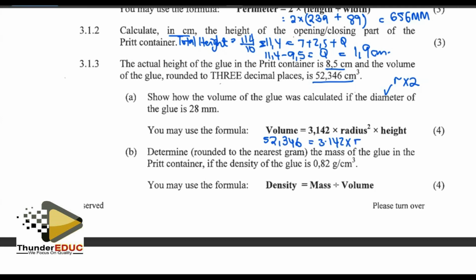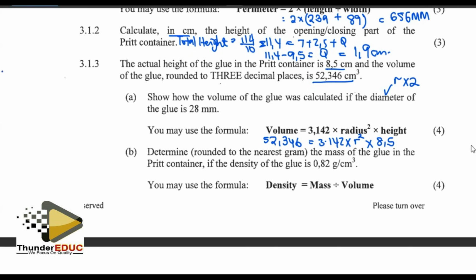No, but allow me to leave it as r squared times, do you know the height? They told us it's 8,5. So we multiply the normal numbers and leave the r squared alone, which is 3,142 times 8,5. You get 26,707. Please, I will leave the number the way it is. I won't round off. Let me do it from here.